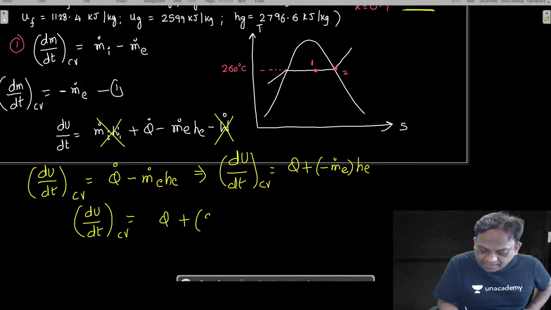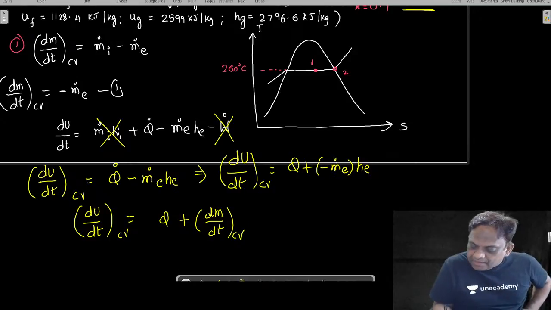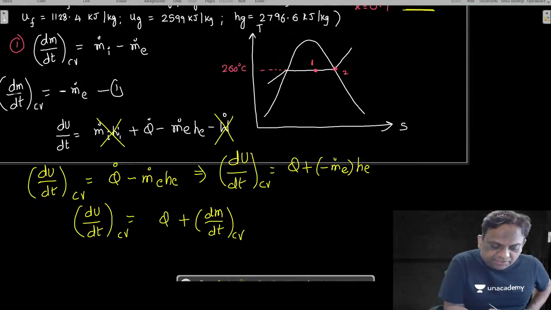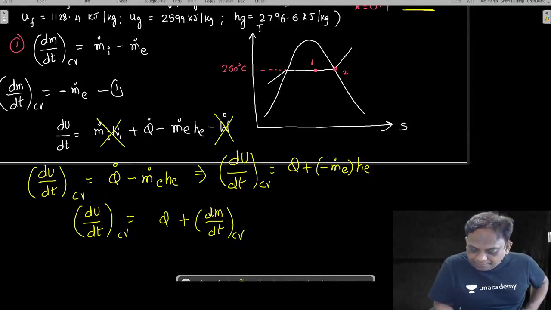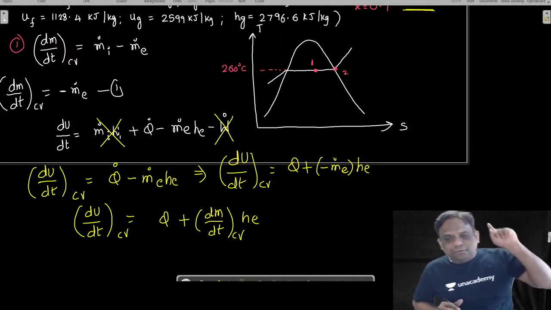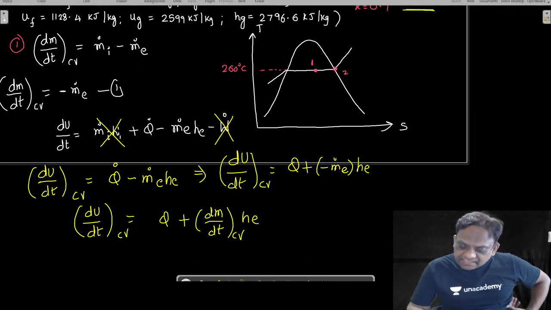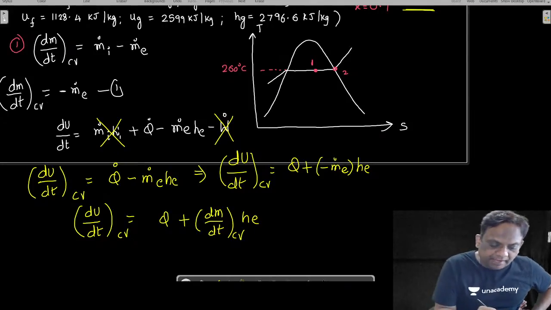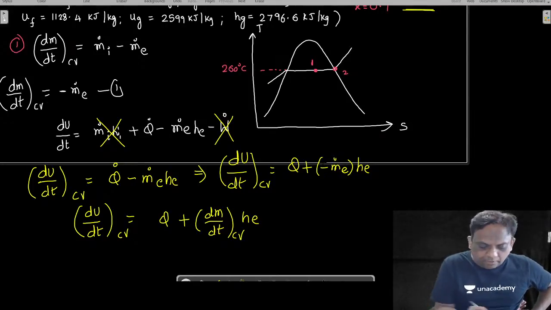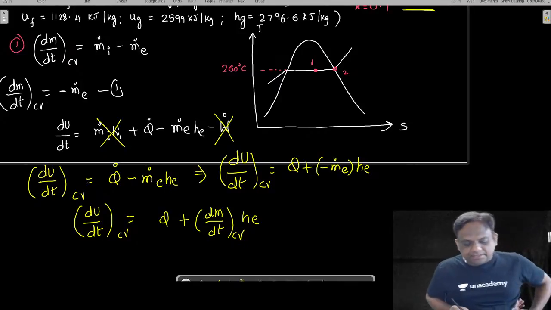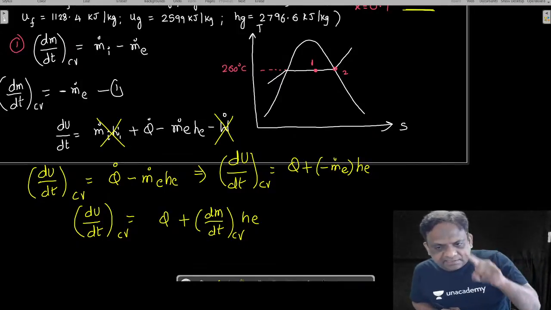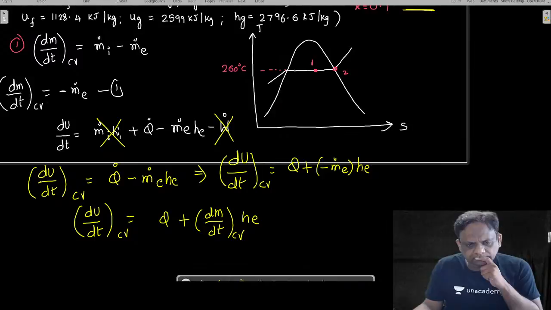Minus m dot e is dm by dt in the control volume, into he. I have just substituted the m dot e value. Till now, is it clear?